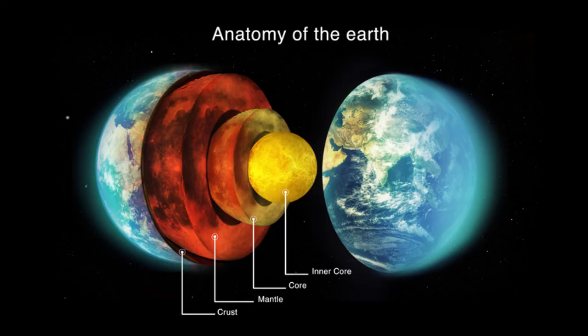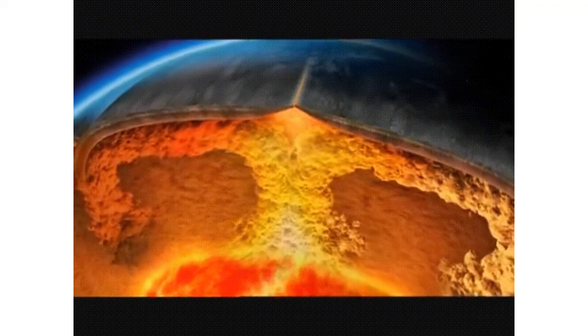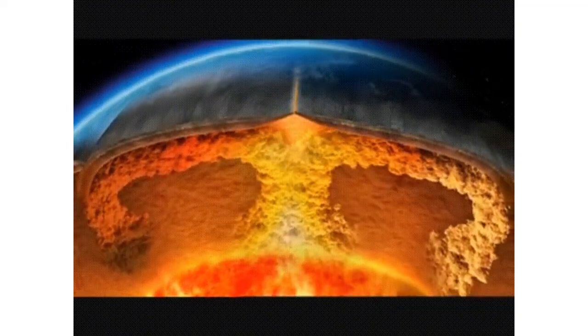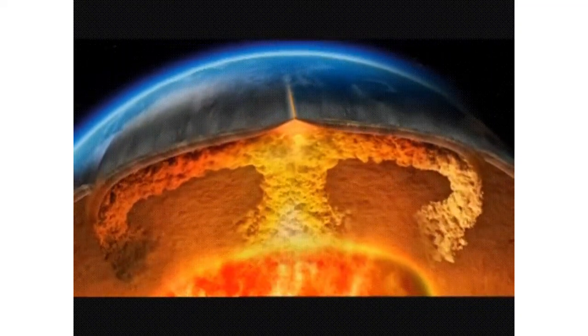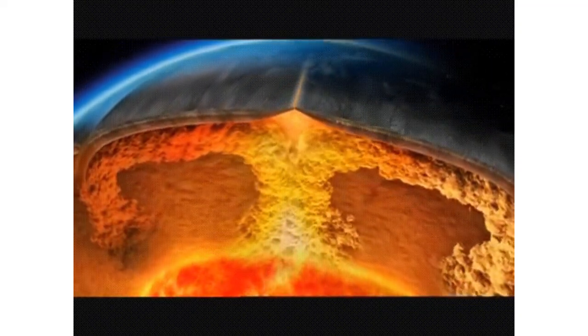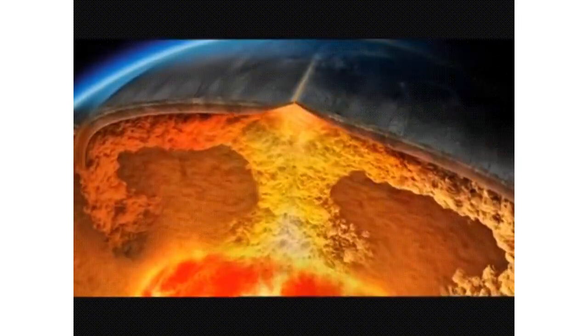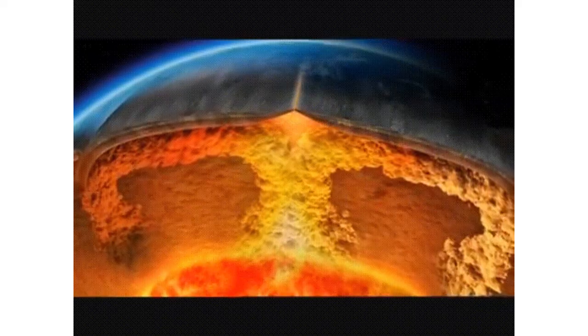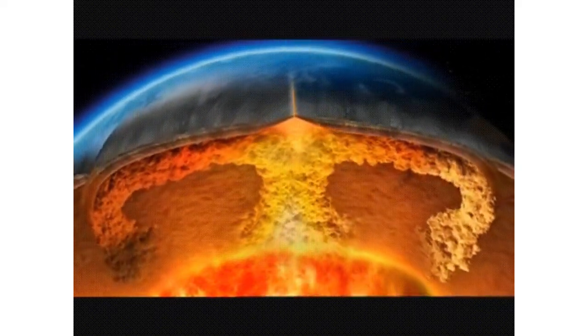These elements would be iron and nickel. So whenever the molten material goes up, it has iron and nickel with it. According to studies, the iron and nickel found in the lithosphere would realign themselves according to the magnetic polarity of the earth.